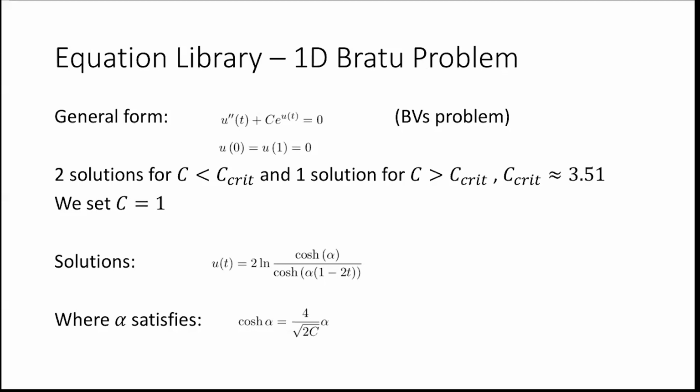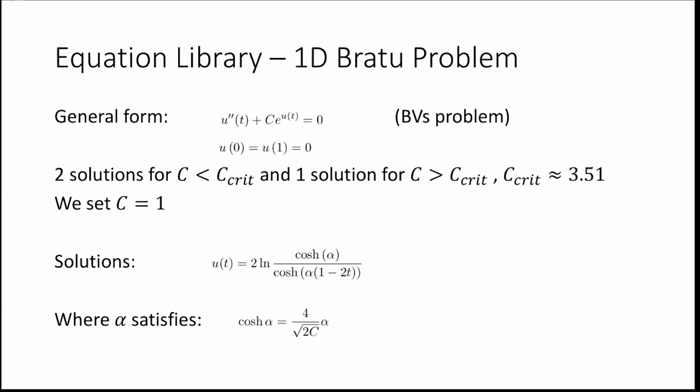The general form is written there, and we know that there are two solutions if the parameter C is less than a threshold value. So we set C less than 3.5, in this case 1, and we have two solutions.